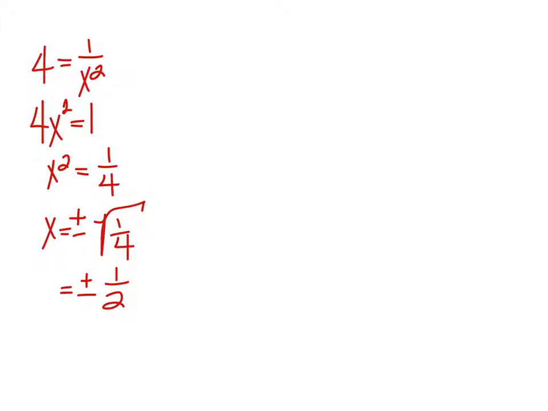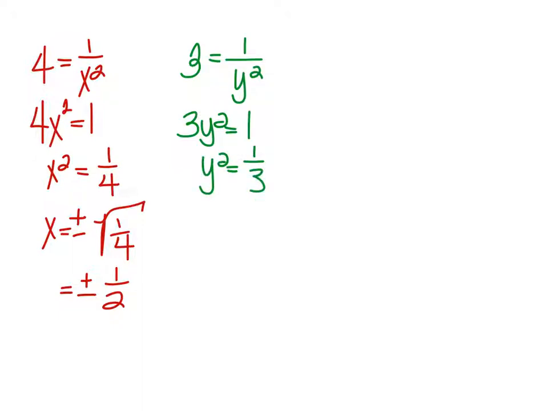Then the second one, V, we found to be 3. And so we set that equal to 1 over y squared. And same type deal. Divide both sides by 3. Take the square root of both sides.